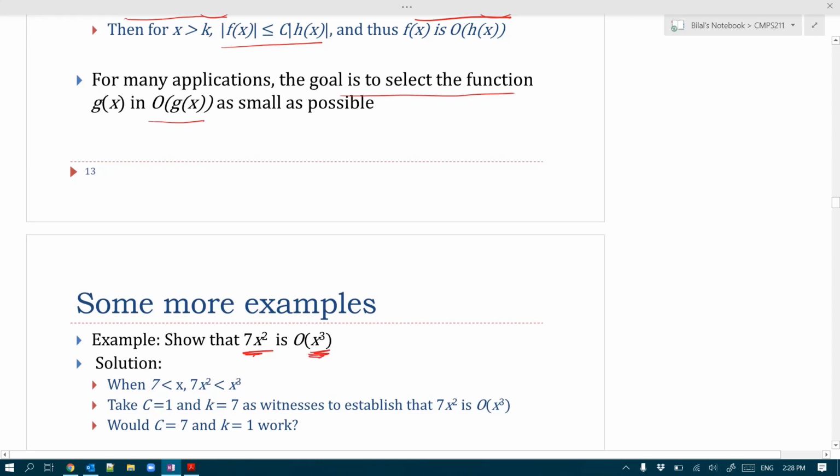Well, when 7 is strictly less than x, it means that x is strictly greater than 7. We have 7x squared strictly less than x cubed.